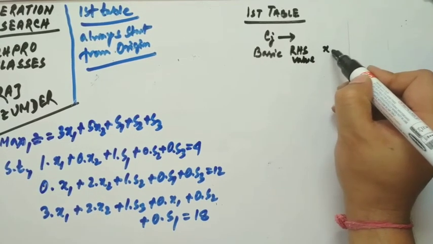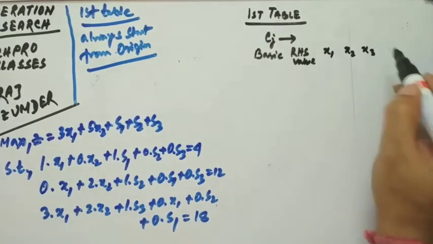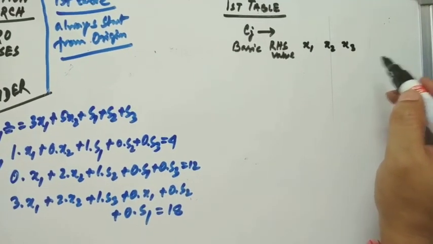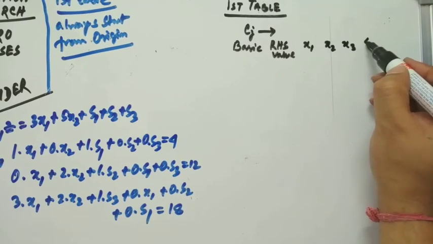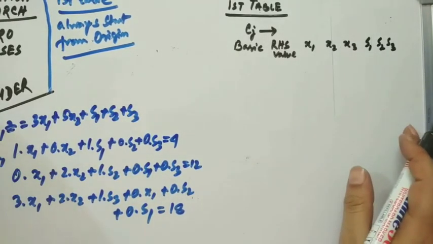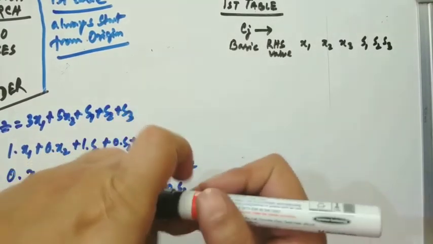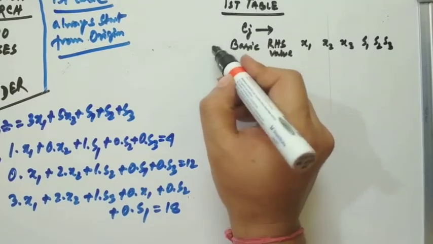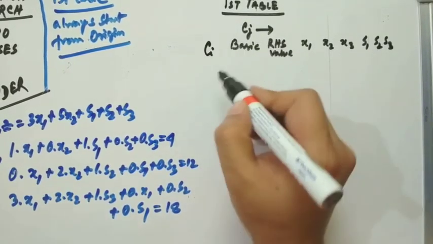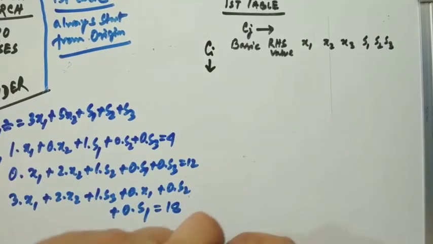Next we have to write the decision variables and the slack variables as well: x1, x2, s1, s2, s3. Now we have to write the basic variables.